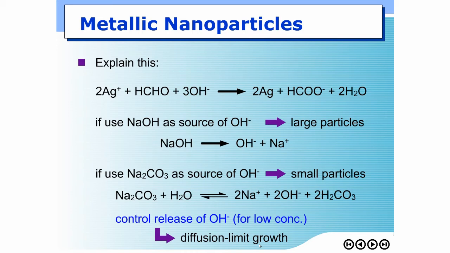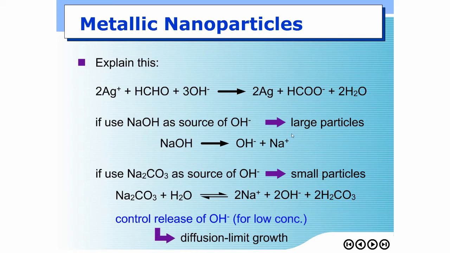Some of you might argue that the choice of a strong base should give you very small nuclei. That should end up with small particles, not large particles. But as I said, the growth step is more important than the nucleation step.